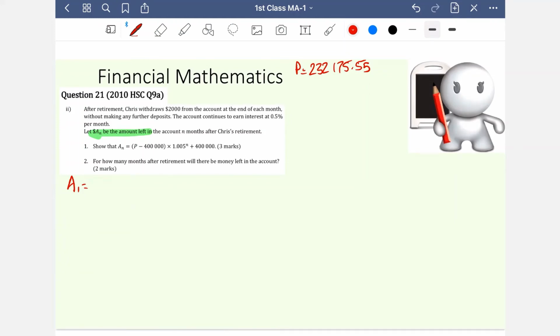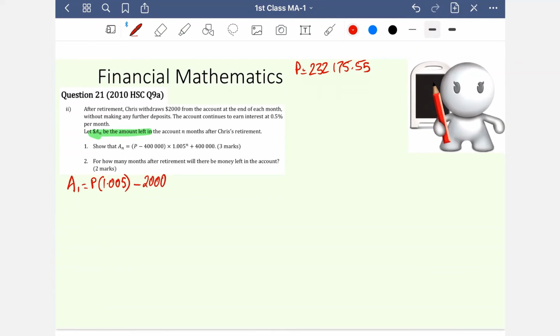So now we'll need to start with what's happening at the end of the first month. Well, at the end of the first month, what he's done is that he's got his money, P, which is earning 0.5%, but then he makes a withdrawal of $2,000.